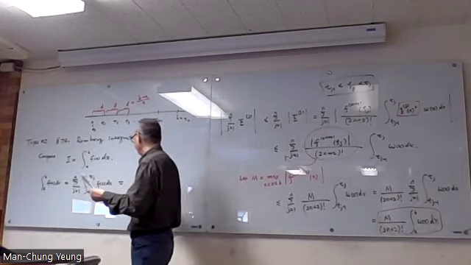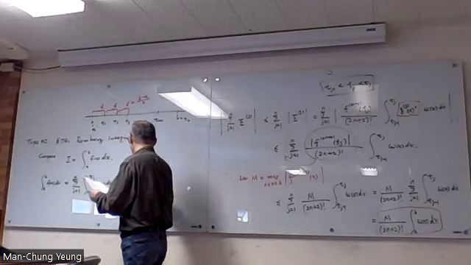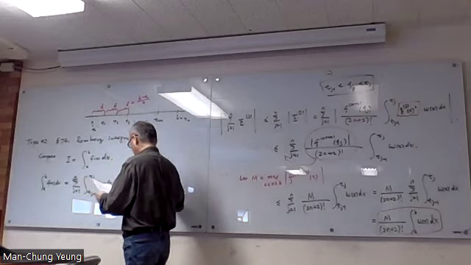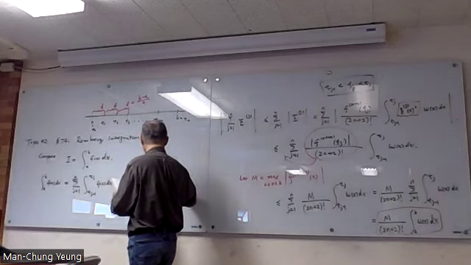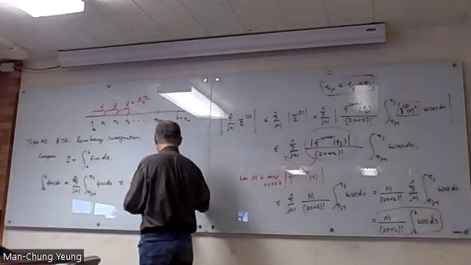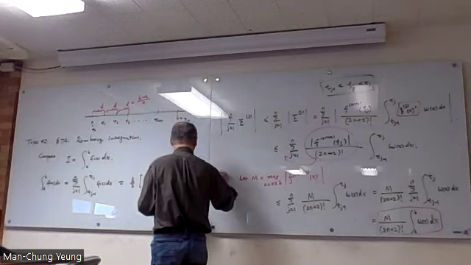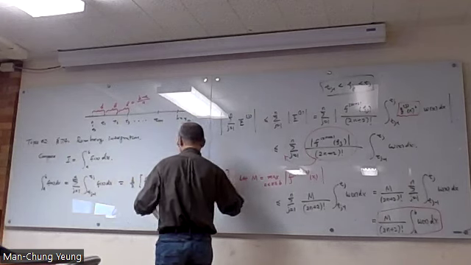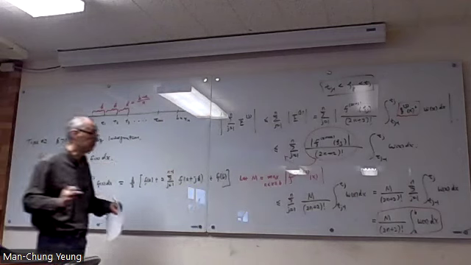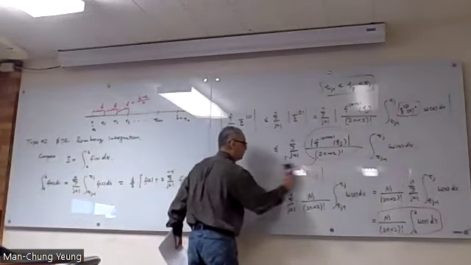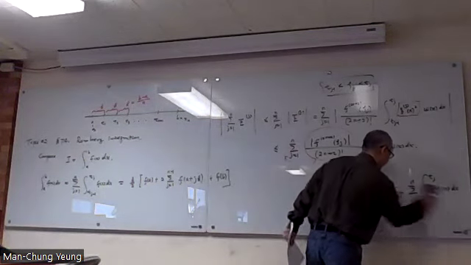Then we get h over 2 times f(a) plus 2 times the summation j from 1 to n minus 1 of f(a plus jh), plus f(b). For the details, you can refer to the section about the composite trapezoid rule.